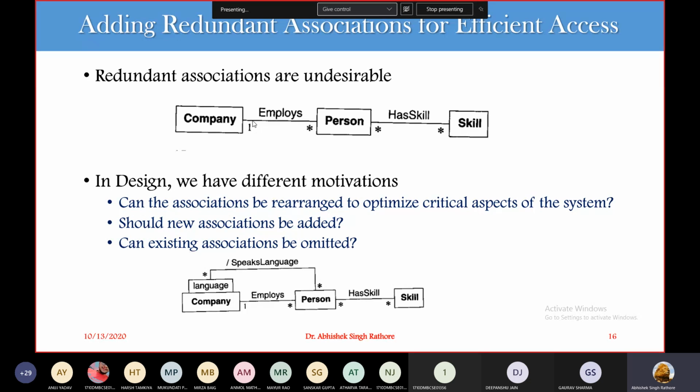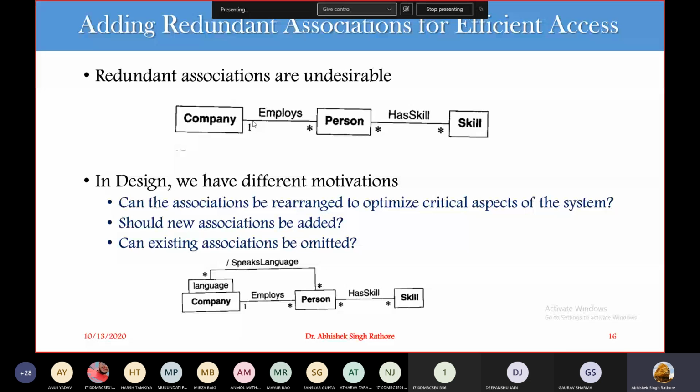So for this example, let's say a company has about 1,000 employees, each of whom has at least 10 skills on average.